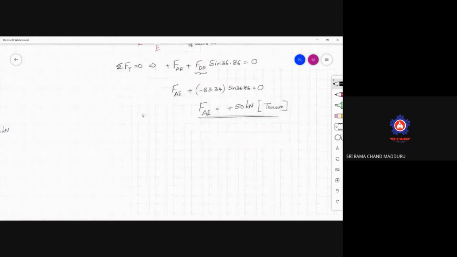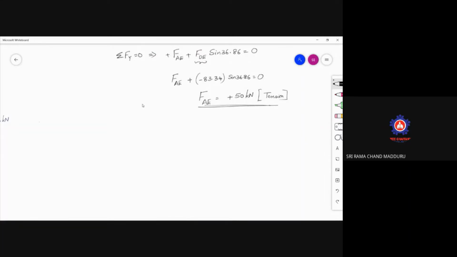So ultimately what we will do is prepare a tabular form for the answers.